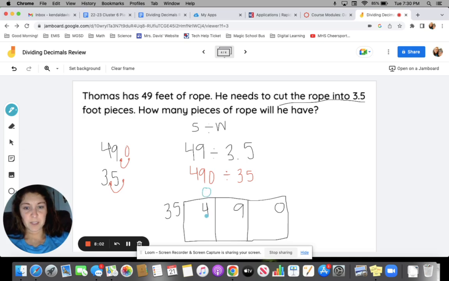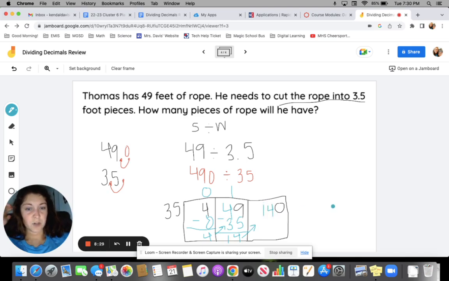No. Put my 0 up. 4 minus 0 is 4. I move the 4 up and over. How many times can 35 go into 49? That would be 1 time. 49 minus 35 would be 14. And I have to move that 14 up and over.